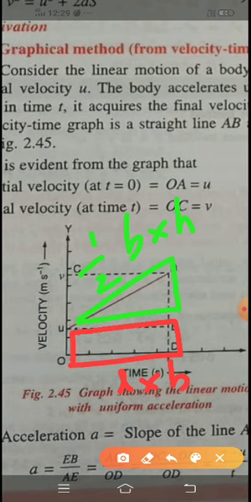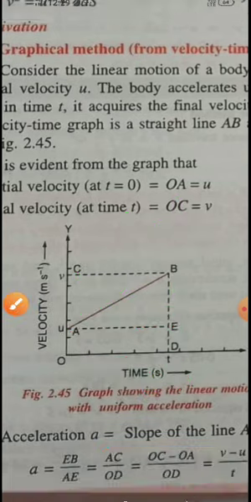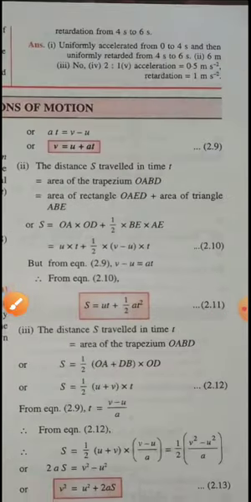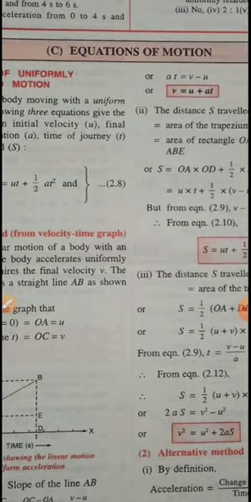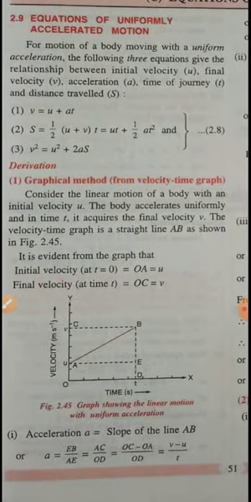What is your rectangle here? This portion. This is your rectangle. So length into this breadth. And next one is your triangle: half into the same base into the height of it. So look here, u into t: OA into OD.